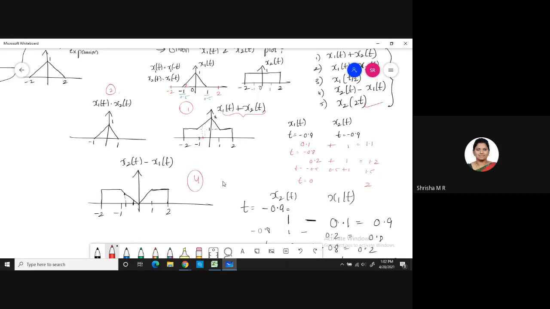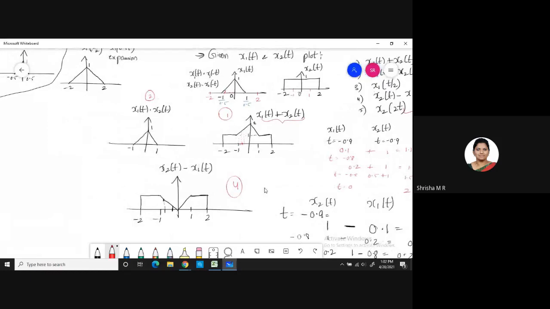We'll see the fifth plot, x2 of 2t. So we have x2 of 2t in our question. x2 of t is existing from minus 2 to plus 2. You're scaling it by a factor 2. By 2 you divide. So your signal will exist from where to where? Minus 1 to plus 1 with an amplitude 1.